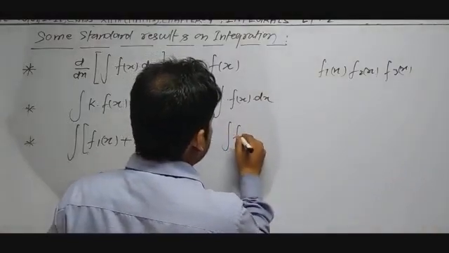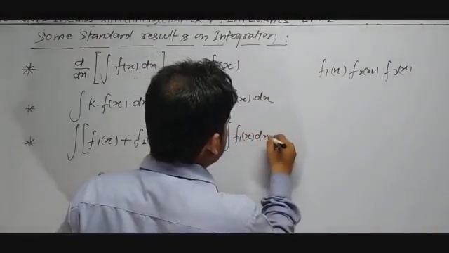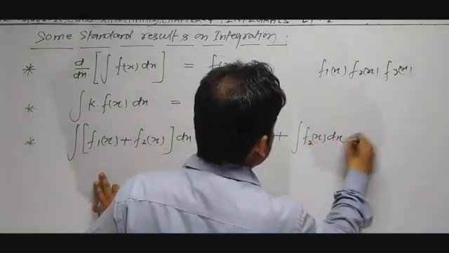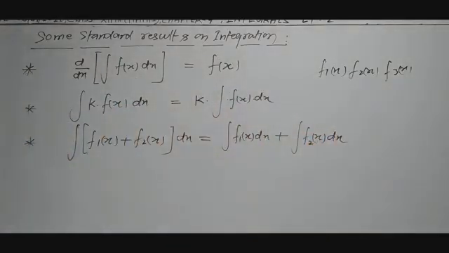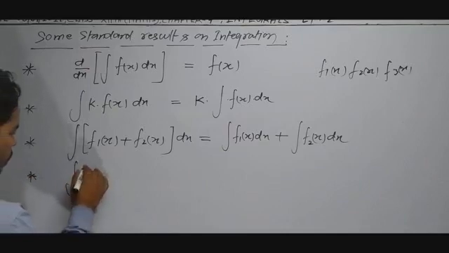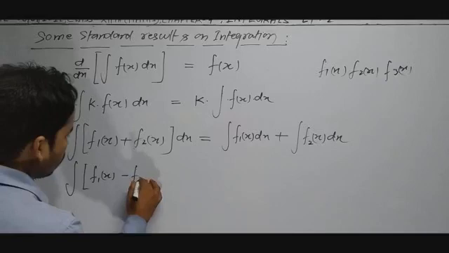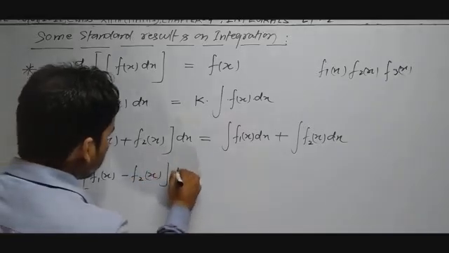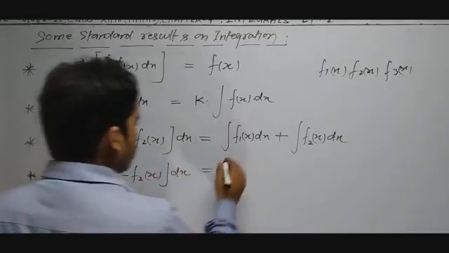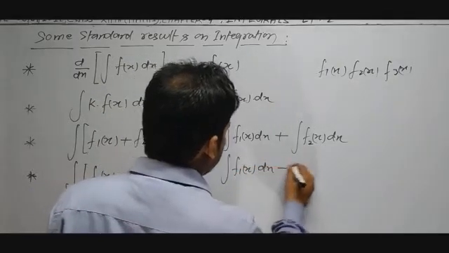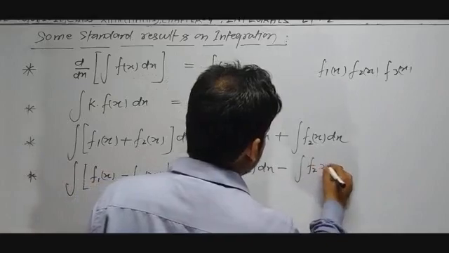So integration of f1(x) dx plus integration of f2(x) dx. These are algebraic properties also. Now integration over the difference of these 2 functions dx, the result will be integration over f1(x) dx minus integration over f2(x) dx. This is the fourth property.